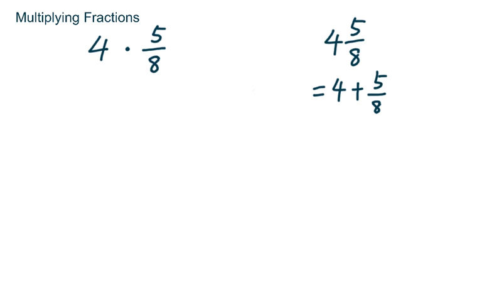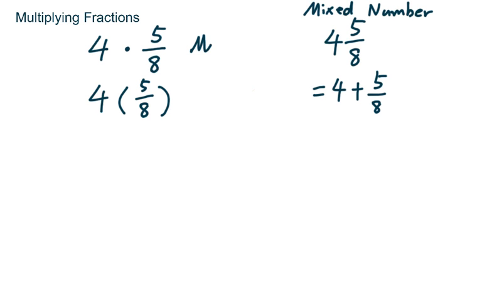But if you see a dot here, it means it's multiplication and you actually have to multiply it. Another way to write this is 4 with parentheses 5/8. Okay, so they mean different things. So the right side is just a mixed number, but the left side means multiplication. Okay, let me finish the dot.